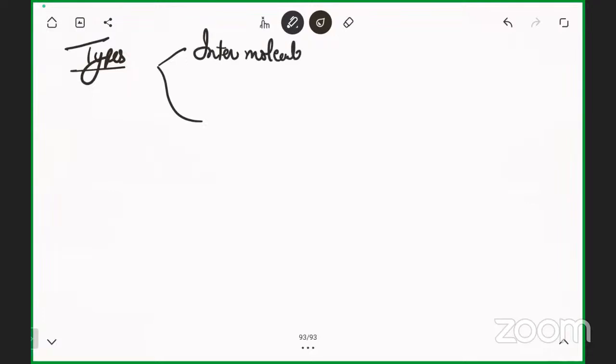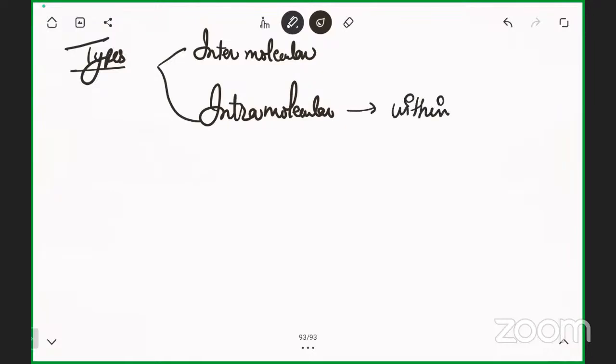So there are two types. First type is intermolecular hydrogen bonding. Second type is intramolecular hydrogen bonding. If I talk about intermolecular and intramolecular: intramolecular means within the same molecule.